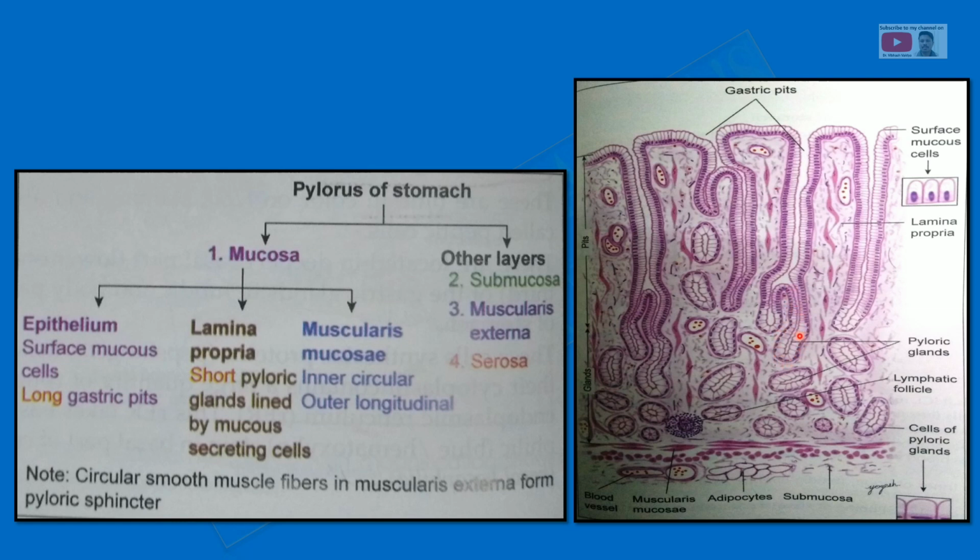You can see here these pits are more coiled. Then here we can see some lymphatic follicles also present in this lamina propria. Then these are the pyloric glands present in this region. Then this is the muscularis mucosa, and this is the submucosal layer.